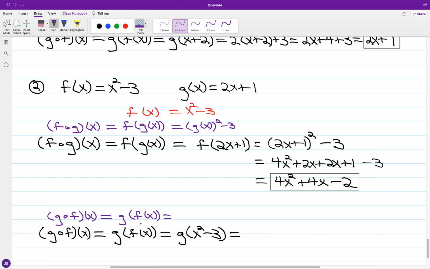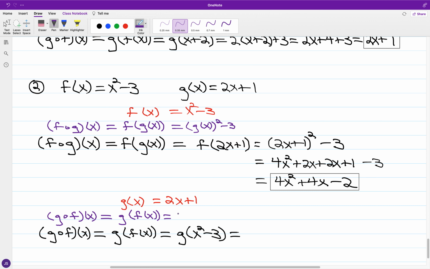So I have g of f of x, and the exterior function is g. In terms of what to do with the function g, g of the input is equal to 2 times the input plus 1.